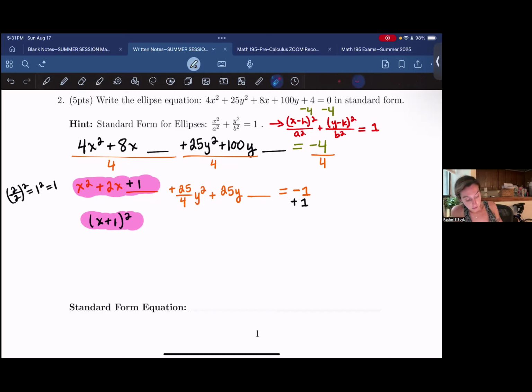Okay, now we have to manipulate all of this. And again, we want to make sure that our leading coefficient is 1. So how do we do that? We are going to go ahead and divide everything by 25 over 4.